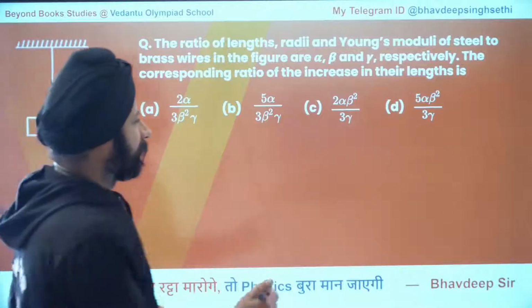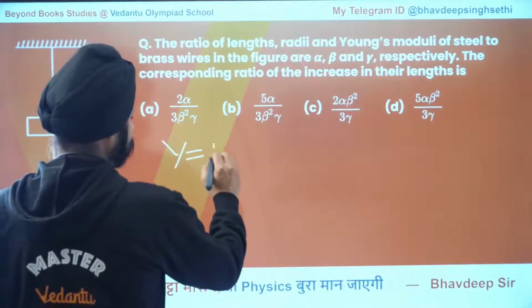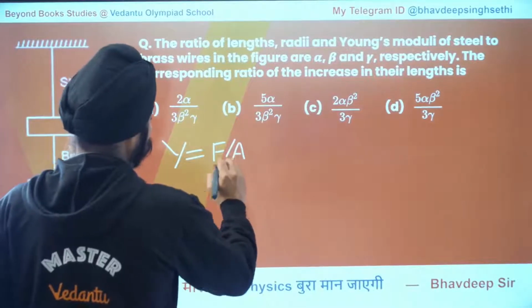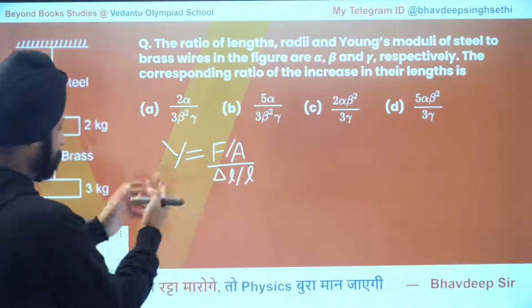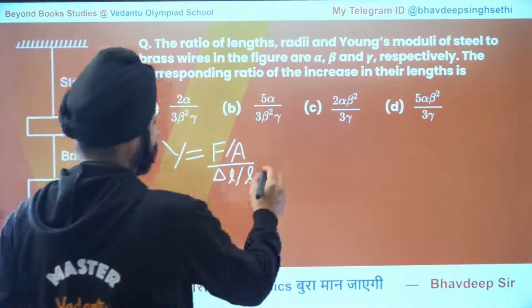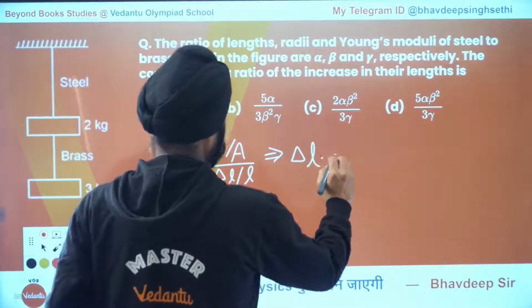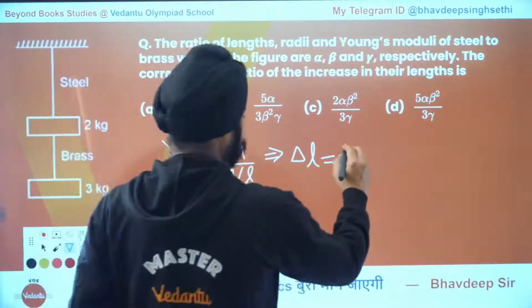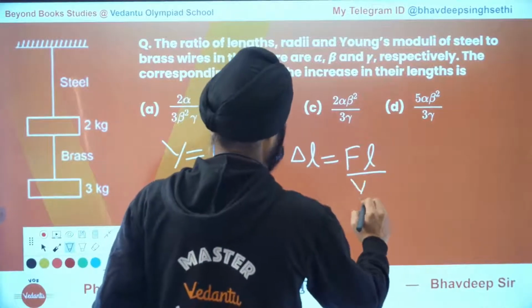So we know the Young's modulus is equal to the stress, which is F by A, over strain, delta L over L. Now you simplify this, and what you get is delta L, so this implies delta L is equal to FL over YA.